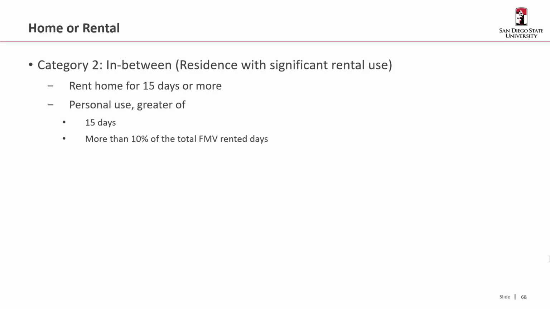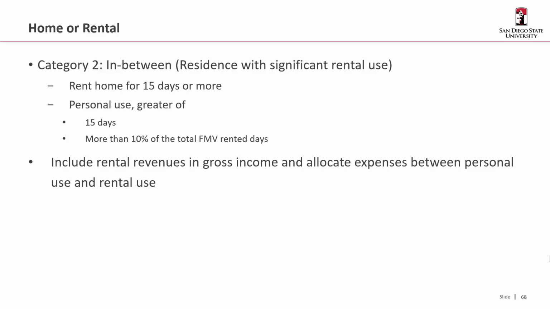However, the personal use is the greater of 15 days or more than 10% of the total fair market value rented days. So if you've rented the home for 15 days or more and your personal use is more than the greater of 15 days or 10% of the total fair market value rented days, then you are in the in-between category.